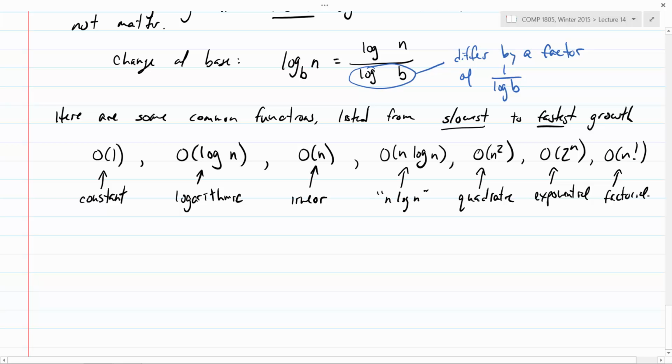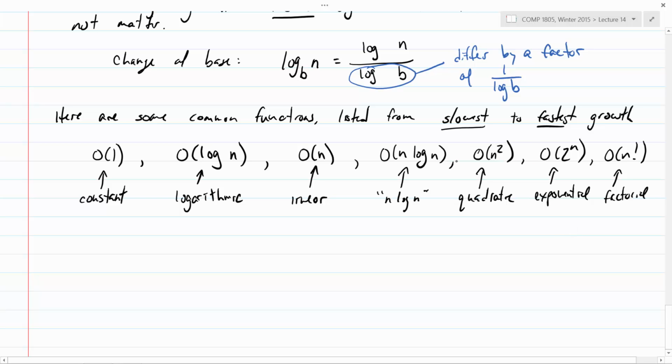And there's others. So this is not an exhaustive list by any stretch. There's infinitely many functions between each one of these, and infinitely many at the end. So there's many, many more functions than there are on this list. But these are the common ones that come up a lot when you're analyzing algorithms. There's n cubed, n to the 4, n to the 5 between there.